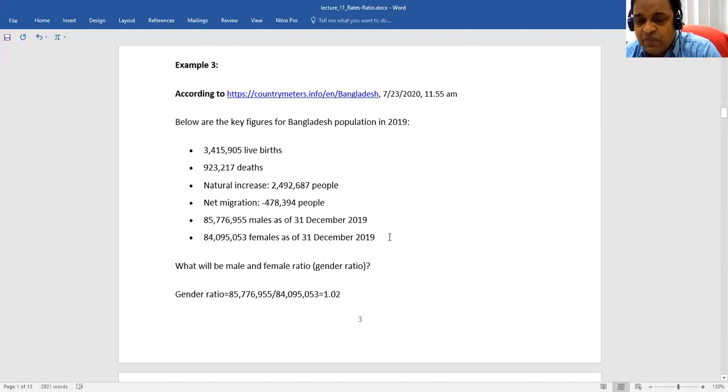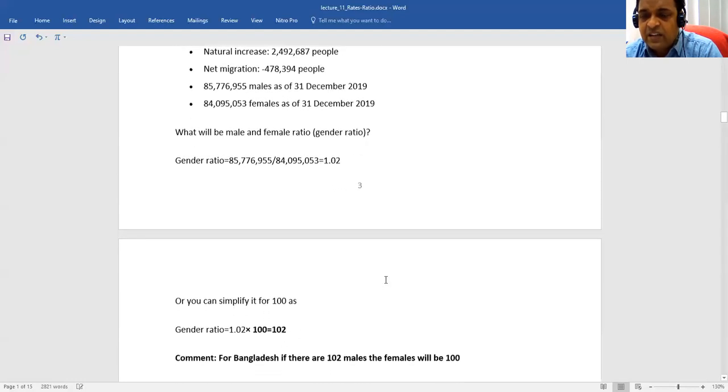So what is the ratio of male to female in 2019? The male population was almost 85 million and the female was 84 million. So the ratio of male to female, if you divide, you will get 1.02.